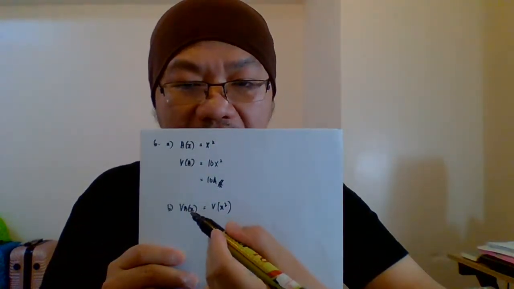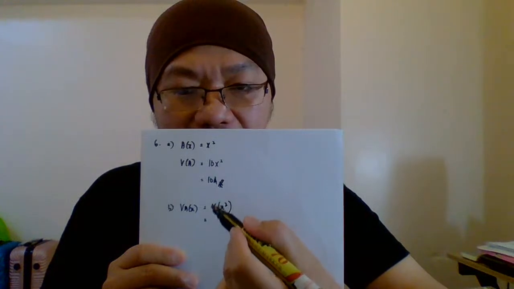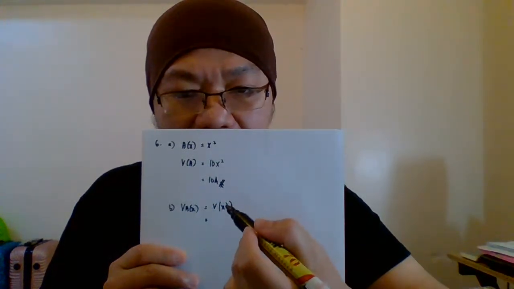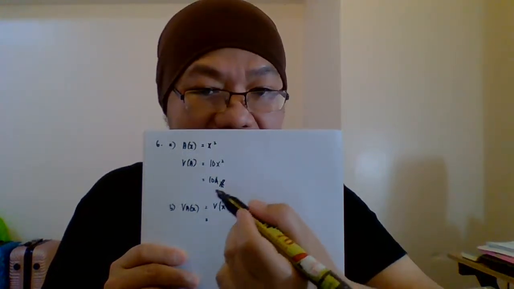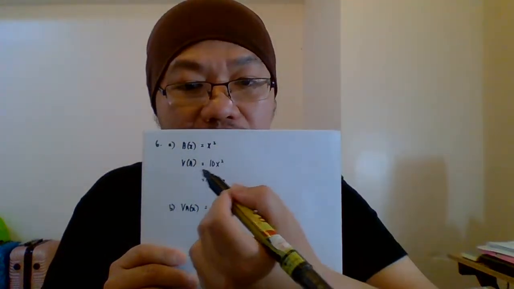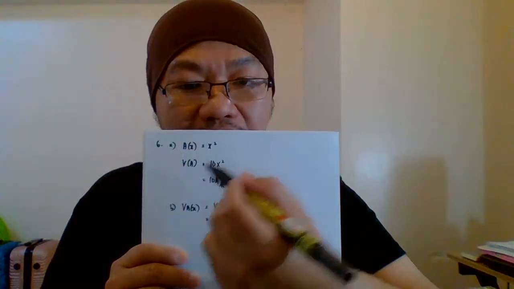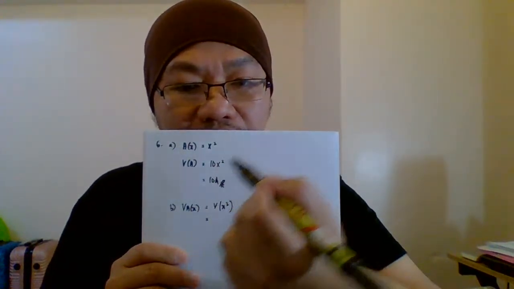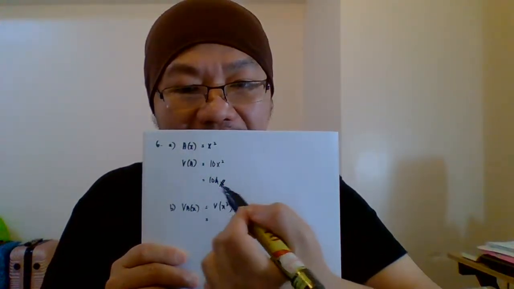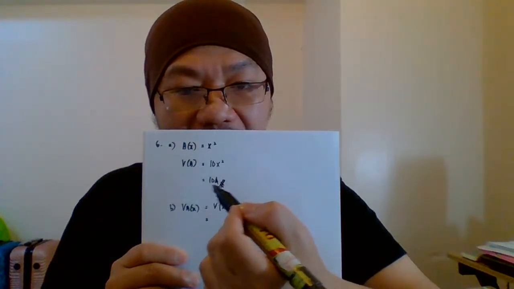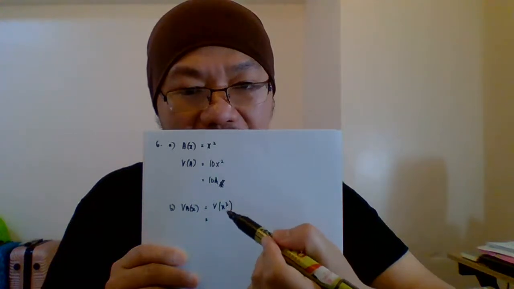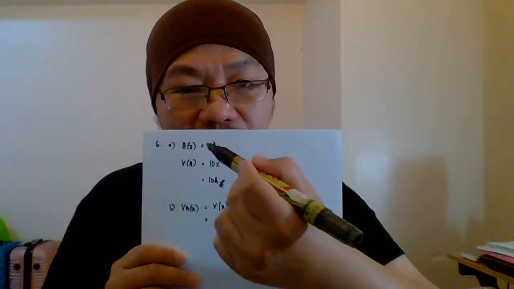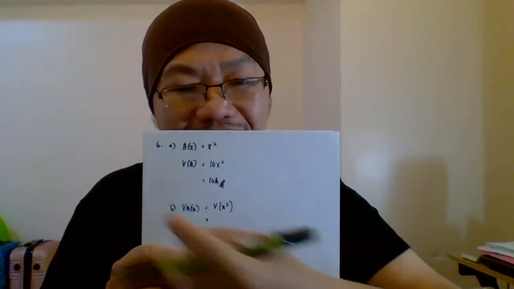So VA(x) becomes V in terms of x squared. Now x squared you need to insert, this is what we call compose, insert into V. Look at your V. V actually equals 10A, right? So x squared is actually A, right?